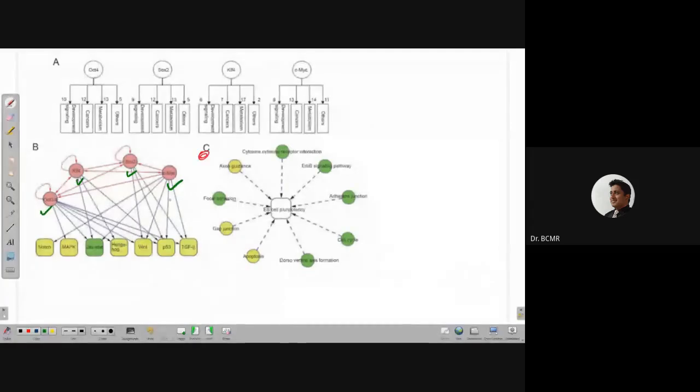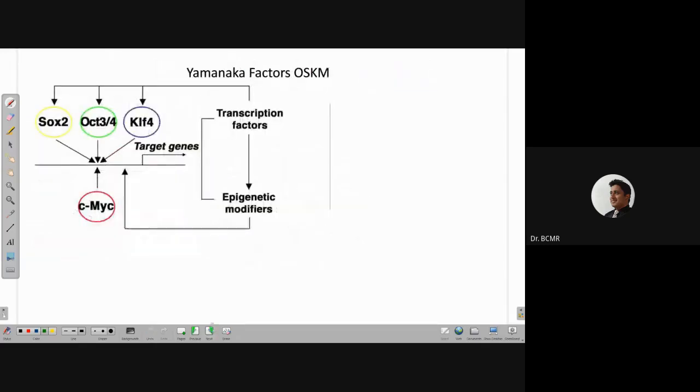So remember these factors: OCT4, SOX2, KLF4, CMYC, OSKM. Just remember it that way. As I was telling you, these factors are transcriptional regulators. They regulate several target genes, which are themselves transcription factors, or they can be epigenetic modifiers.